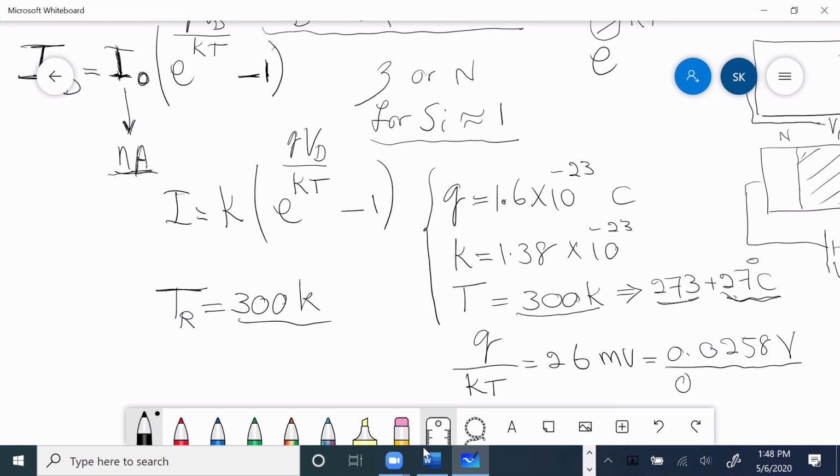We call it 0.026, which makes it 26 millivolts. So you must remember this. I'm sorry, there's no way around this.